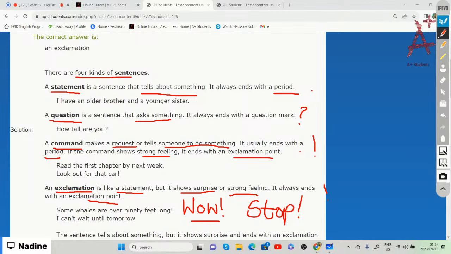For example, if somebody is walking without looking around, sometimes even if you just say, there's a car coming, that can also end with an exclamation point.